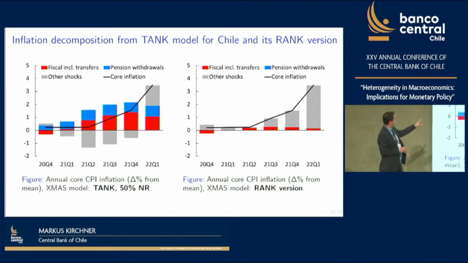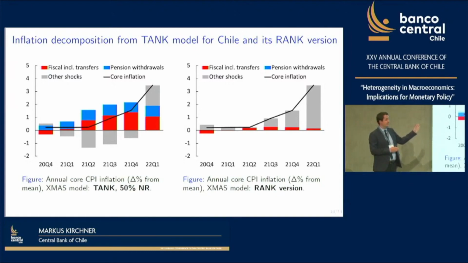So most of the effect here is due to the transfer shocks. Then other things happened in Chile during the pandemic. There were 3 successive pension fund withdrawals. So households, or affiliates to the pension system, could withdraw every time about 10% of their pension accounts. Together, these injected more than 20% of GDP.